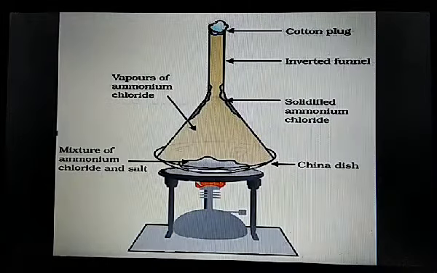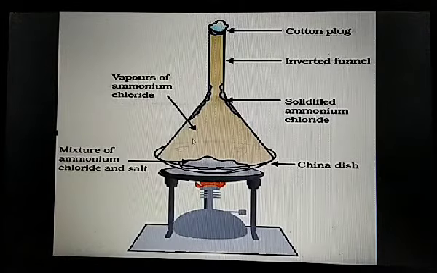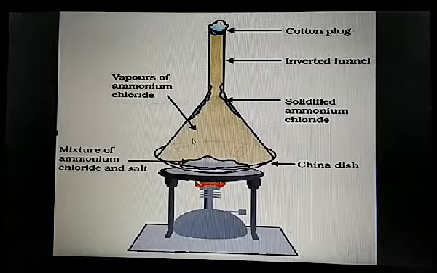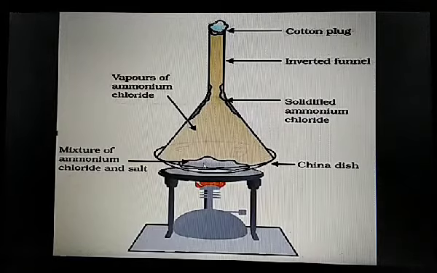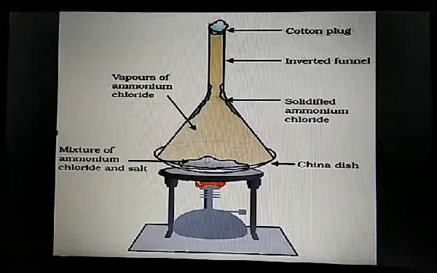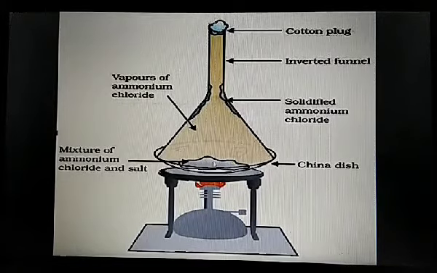Now this is a diagram which shows how this process is carried out. This you have already done in class in your previous chapter. Let's discuss. First of all, we'll take this china dish and the sample which is to be separated, that is a mixture of ammonium chloride and a salt like sodium chloride.